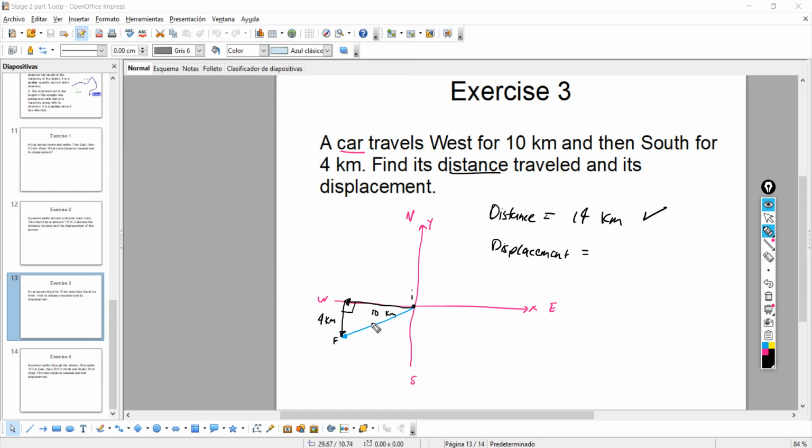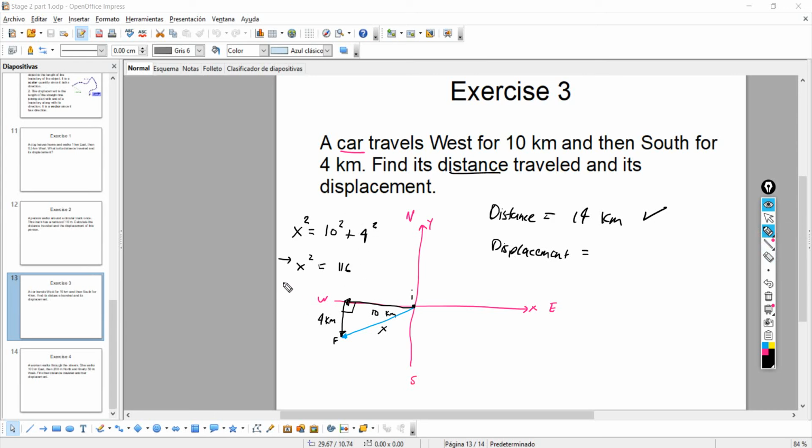So let me represent the length by a variable x. And so we have that, according to Pythagoras, x squared is equal to 10 squared plus 4 squared. I am ignoring the units for simplicity. So let's do it. All of this will be 116 when you calculate it.